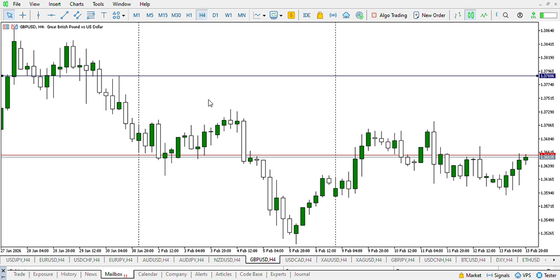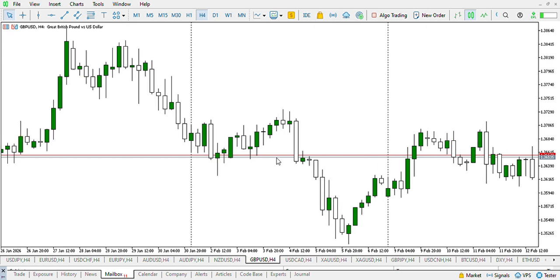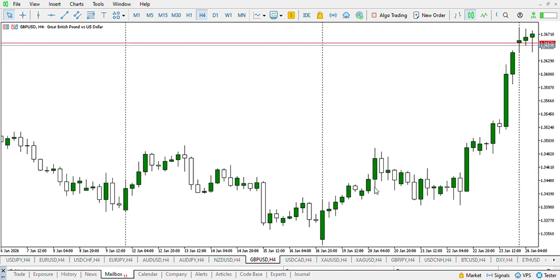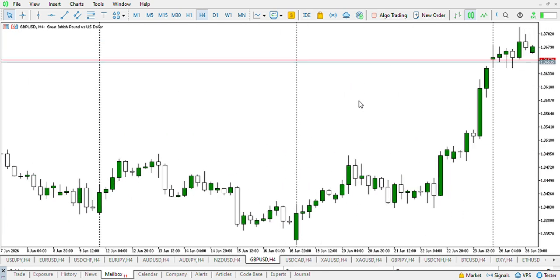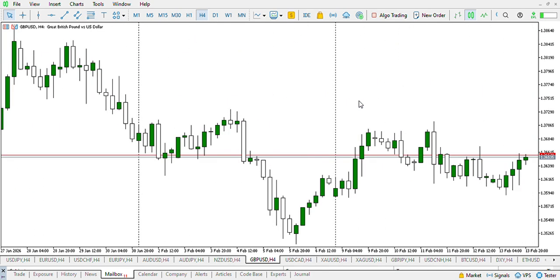So now on the 4-hour right here, as you can see from the previous week's price has been going up, accumulating and all of that. Nevertheless, our major focus is going to be on the shift that has played out recently.